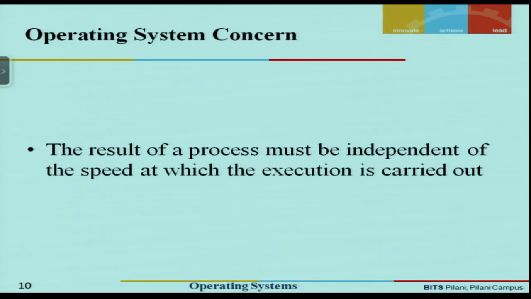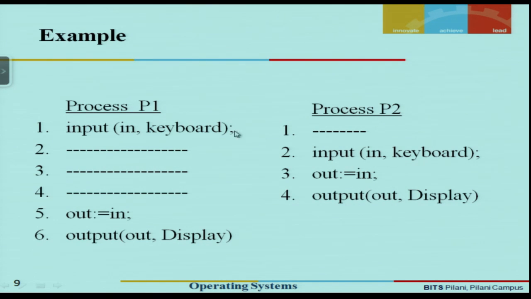In this case we can very clearly see that the result is dependent on the order in which the execution is taking place. For example, if process P1 had executed all the 3 instructions followed by process P2, then there would have been no ambiguity.